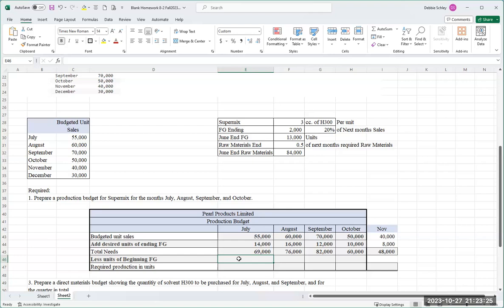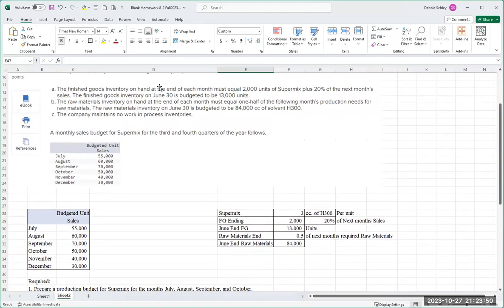What in the world would be the beginning finished goods for July? Well, if you'll recall from what we've learned before, the beginning balance of finished goods in July is going to be equal to the ending balance of June, which if you'll recall, I got that number right here in A. The finished goods inventory on June 30th, which is the end of the month, so that's the ending inventory, is 13,000.